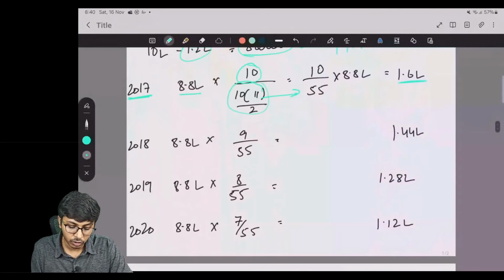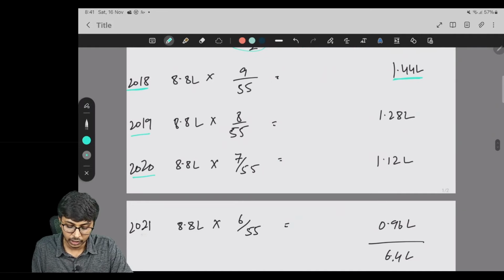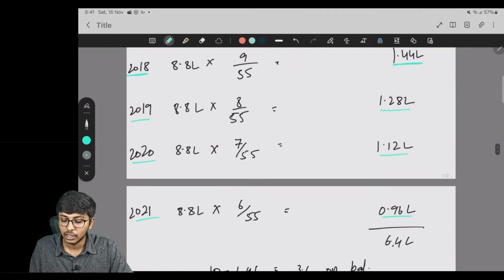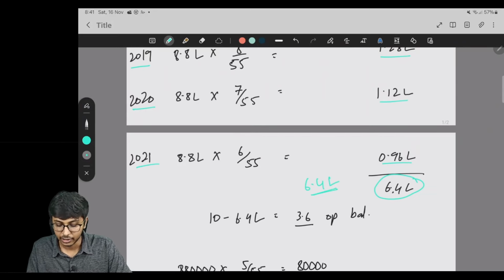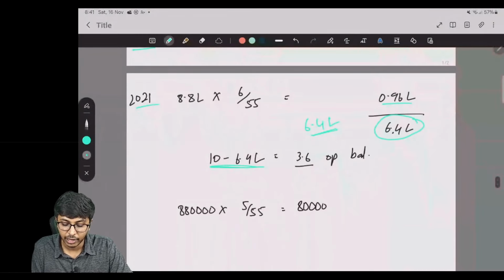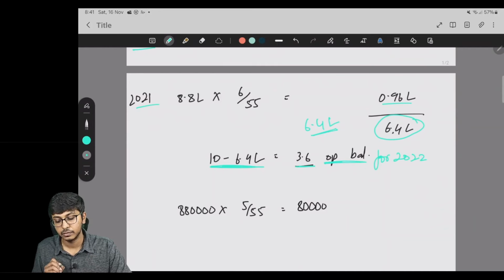Similarly, if you go to 2018, 8.8 lakh into, now remaining useful life including current year, that will be 9, divided by 55, you should get 1.44 lakhs. Like that, if you solve for 2019, 20, 21, you should get these depreciation amounts. Now if you add all these, you should get total depreciation of 6.4 lakhs, correct? You reduce this 6.4 lakhs from the asset value, you should get 3.6 lakhs as the opening balance for 2022, correct?